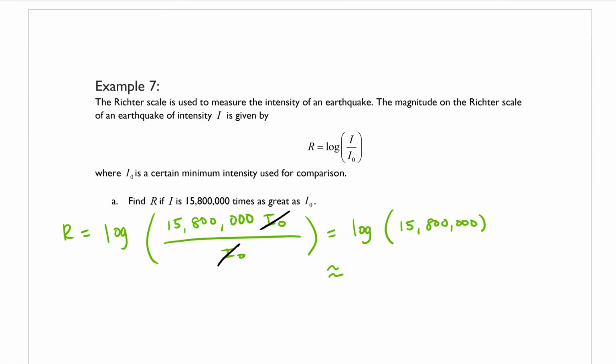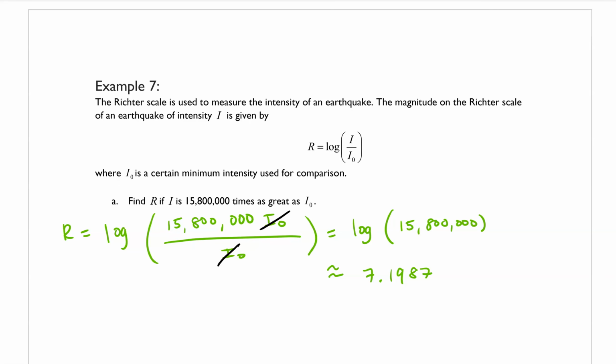And if you throw that into your calculator, let's see what we get. So I got that it was approximately 7.1987. So hopefully you've heard on the news before, in Japan they experienced a magnitude 8.1 earthquake, or something like that.